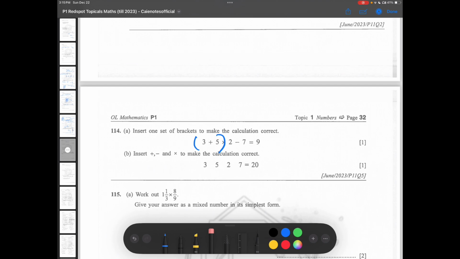Let's multiply this first. 3 into 5, 15. Then minus it. 15 minus 2, 13. Then plus. Now this will give us the right answer. 3 into 5 is 15 minus 2 plus 7 is plus 5. 15 plus 5, 20.